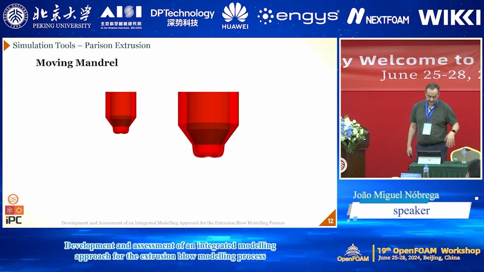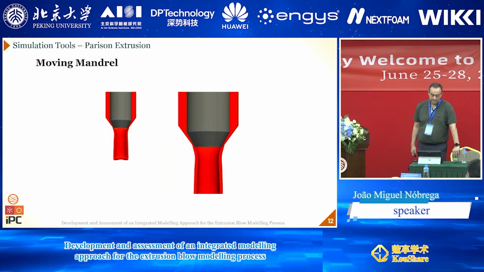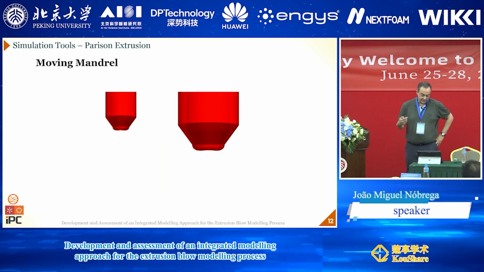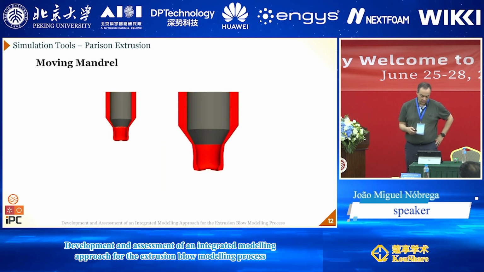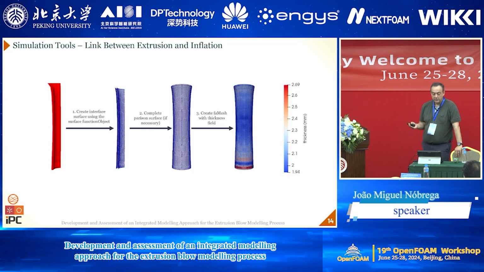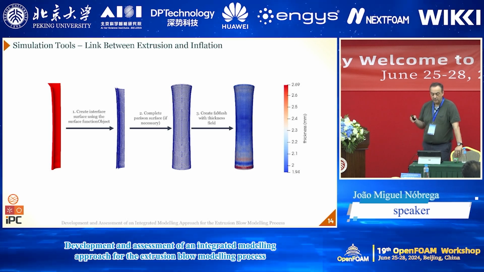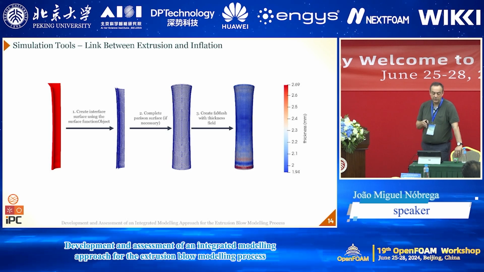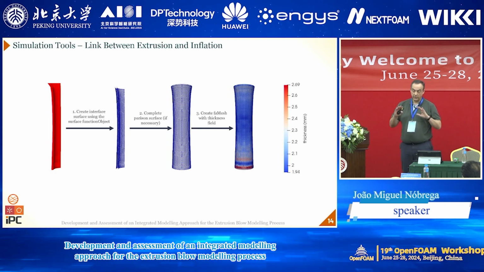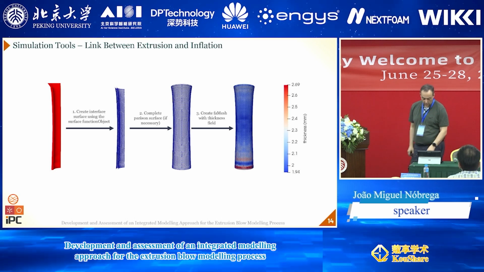It affects the thickness of the extruded tube, and this is 3D or axisymmetric, depending on the kind of geometry we have. But in general, we need to do it in 3D, and then we use utilities that are available already in OpenFOAM in order to map the surfaces in order to get the outer surface of this tubular profile that we call parison.